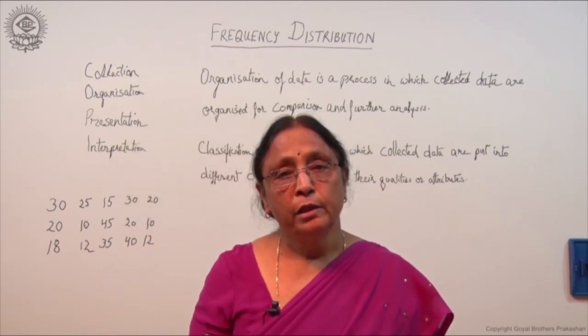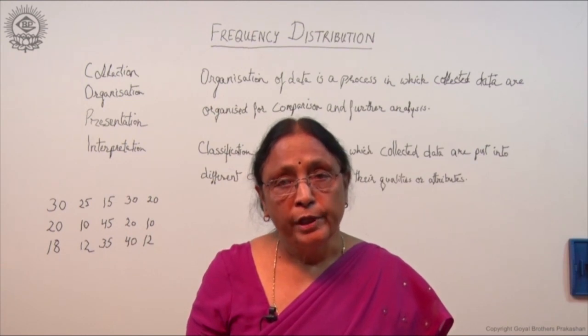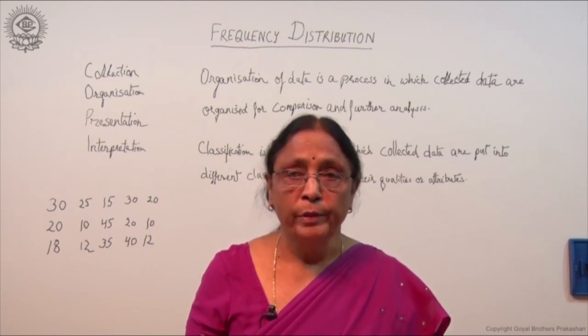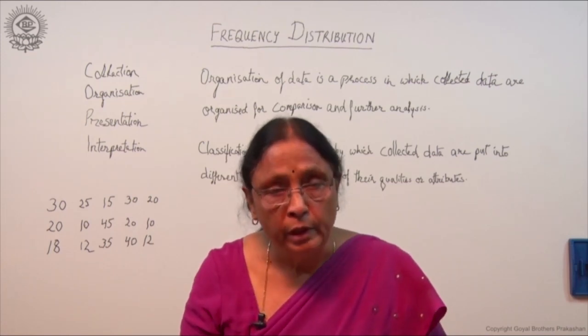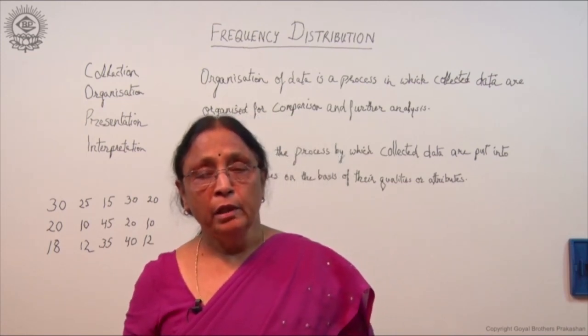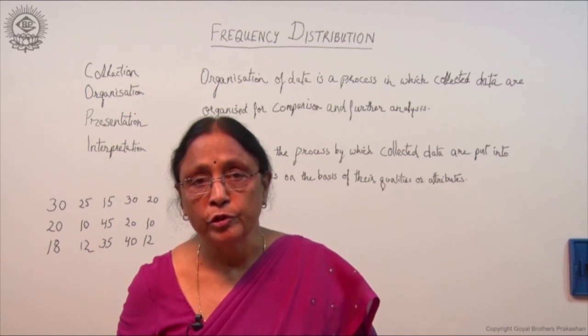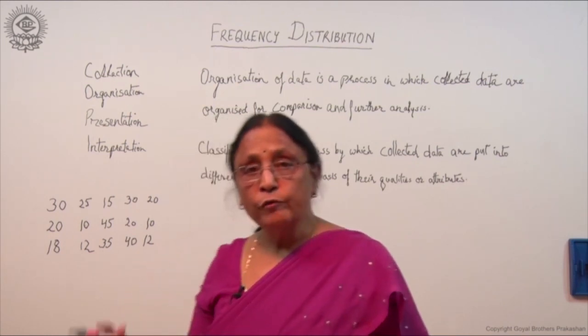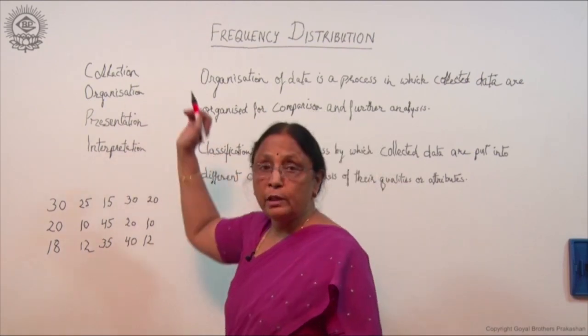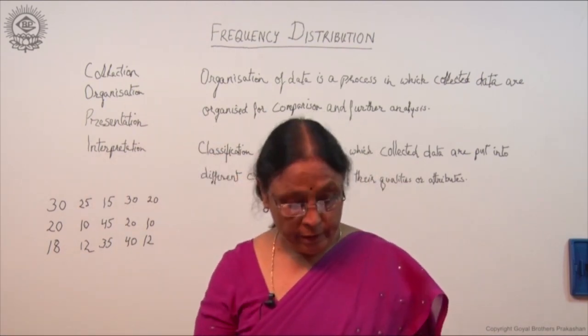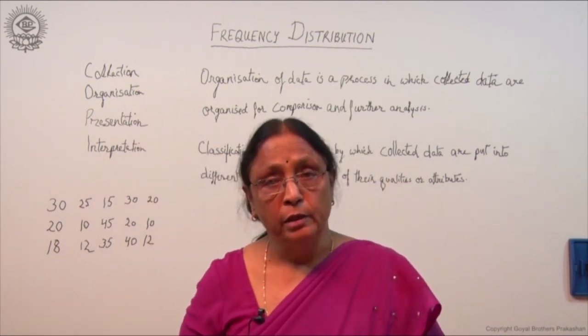You want to know how many people are educated or uneducated in that locality. Similarly, your purpose of inquiry may be how many are male and how many are female living in a particular society. So this purpose of inquiry should be clear in your mind, and according to it, the data is collected. So this is called collection of data.